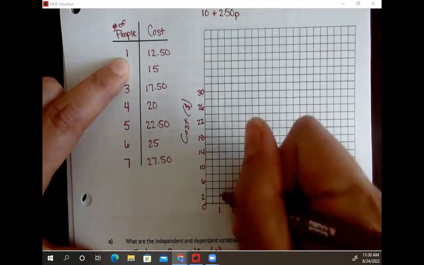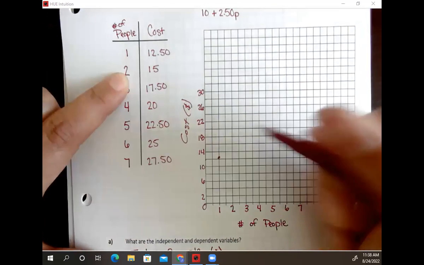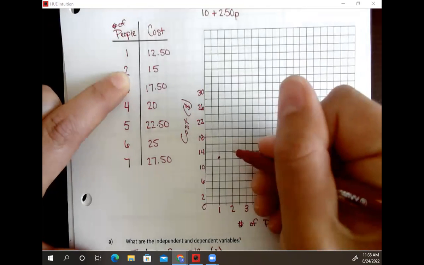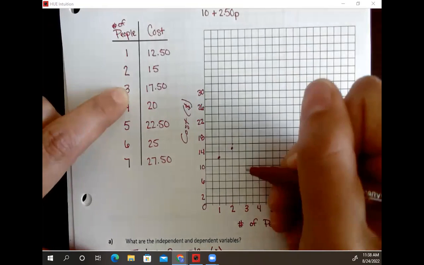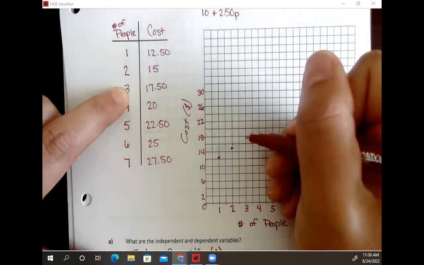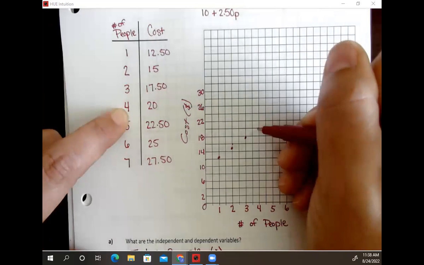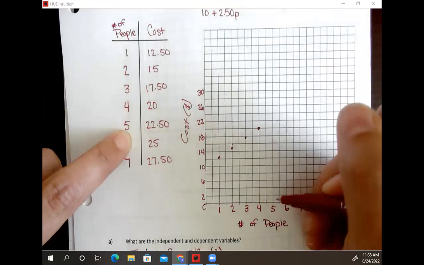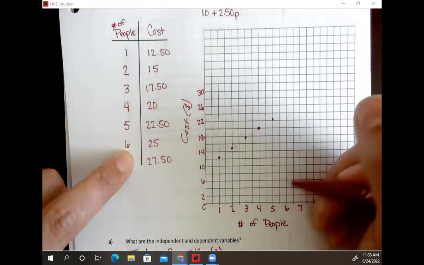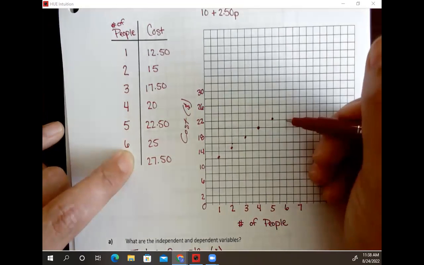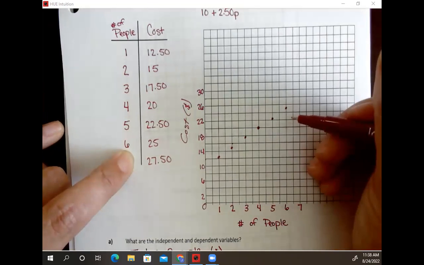So one person is $12.50, so 10, 12, $12.50 would be just above that. 2 people cost $15, so there's 14, there's 16, we want halfway in between. 3 people cost $17.50, there's 18, so it's going to be right below that. 4 people cost $20, that'd be this right here. 5 people cost $22.50, there's 22, so just above that. 6 people cost $25, so there's 22, 24, 26, halfway between 24 and 26.